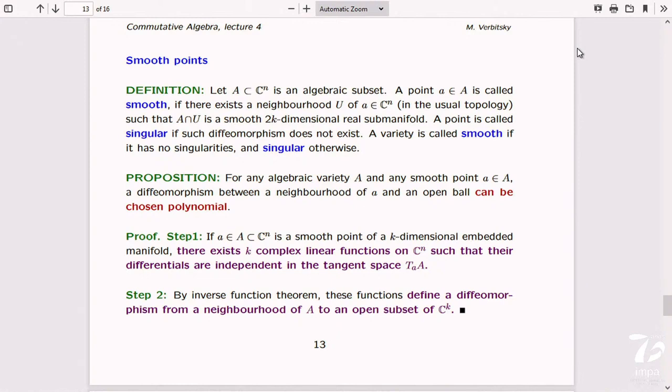So the idea is that typically you deal with smooth things. Singularities are usually an exception. Not always, but the typical object you find in geometry is a smooth manifold.